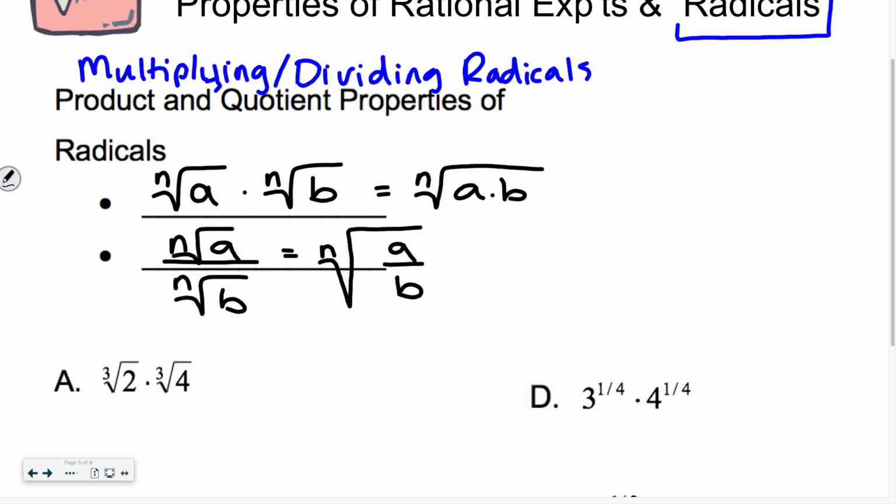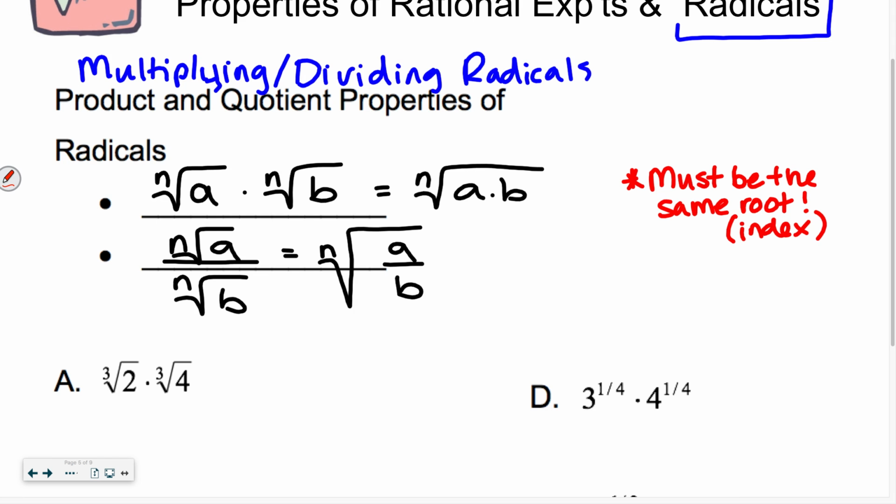So a couple of things you might write off to the side that would be helpful. Must be the same root. And remember, if you go back to section 5.1, that's the index. It's the number outside of the radical. And it must be the same root.